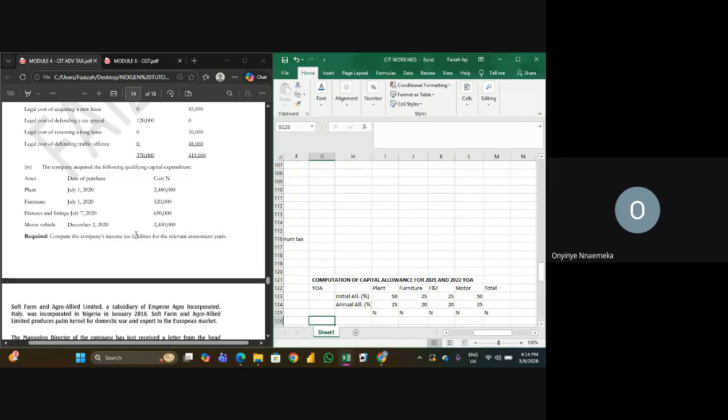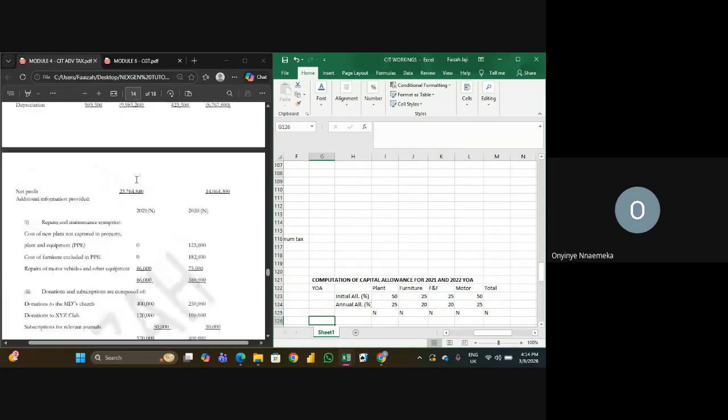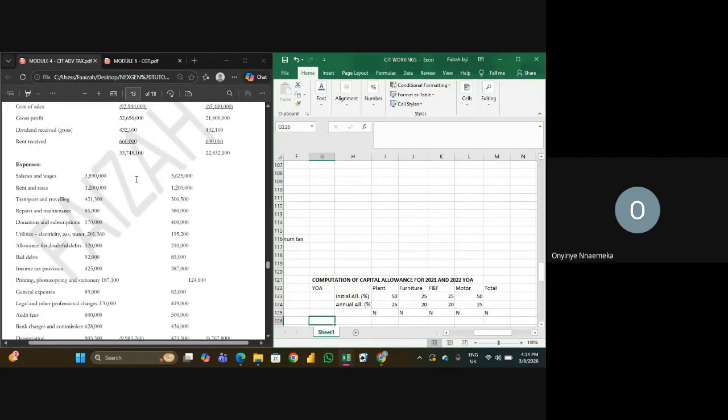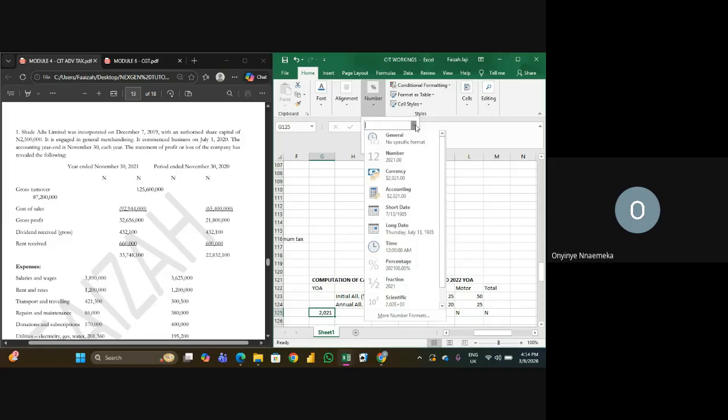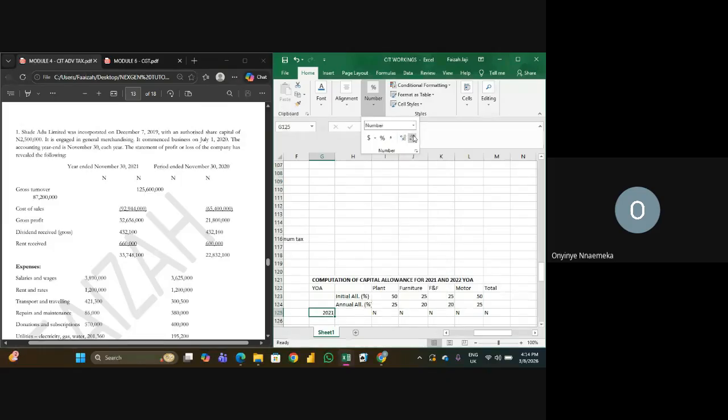For the first year of assessment, remember that this company is a new company. What will be the first year of assessment using the commencement rule? We have from the date of commencement to the end of the first accounting period. We know that this year of assessment is 2021, as we have stated above. But the accounting period is after the date of commencement, 1st of July 2020.